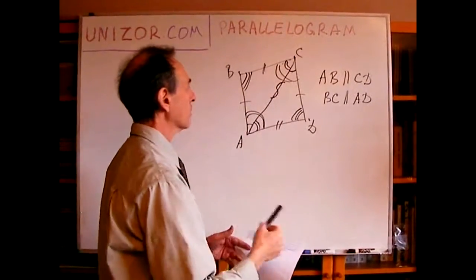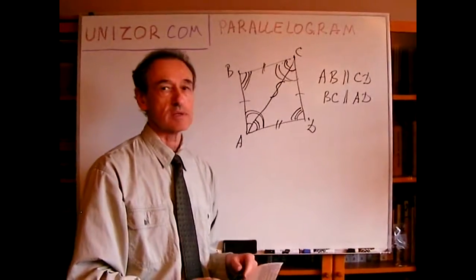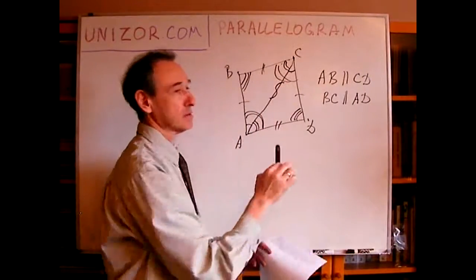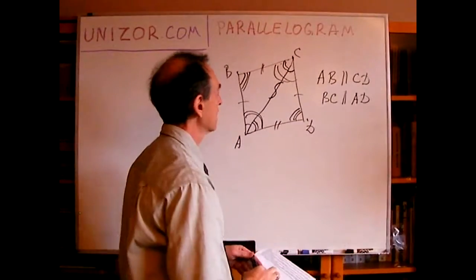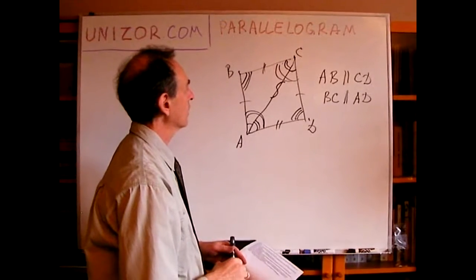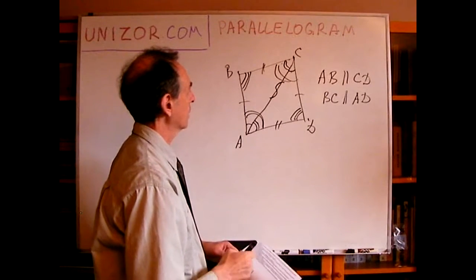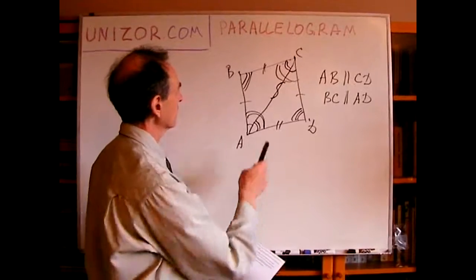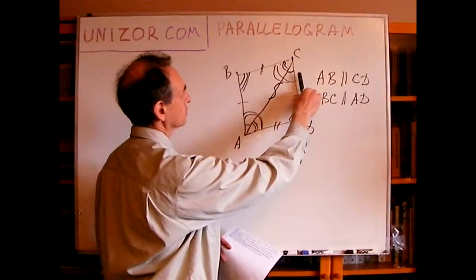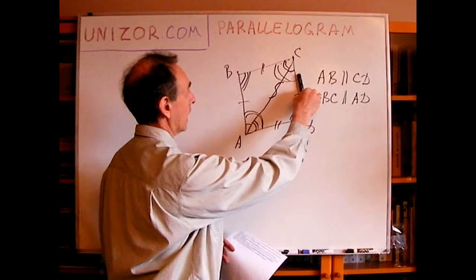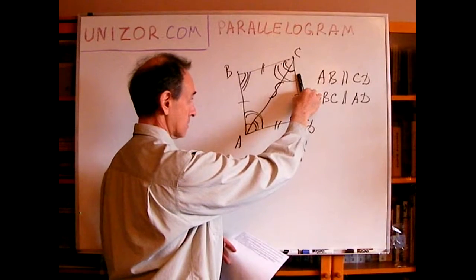Now, how can we derive from this? We don't know anything about other pair of opposite sides. So how can we derive that this is parallelogram? Okay, let's just consider again. This is parallel to this and equal in size, congruent.